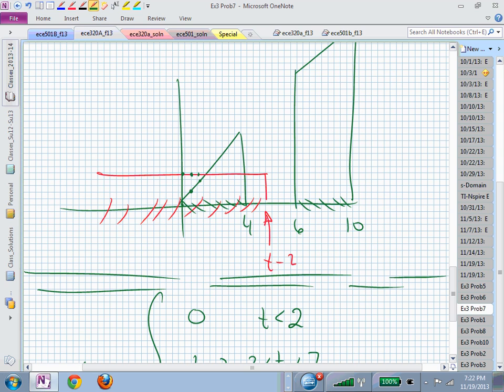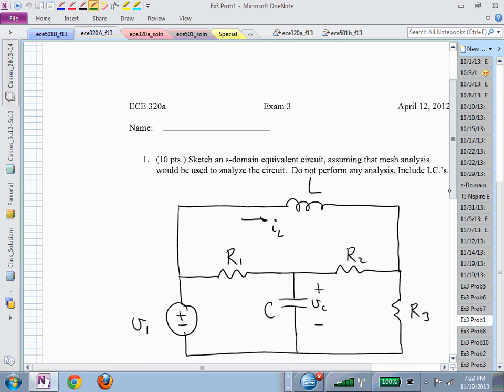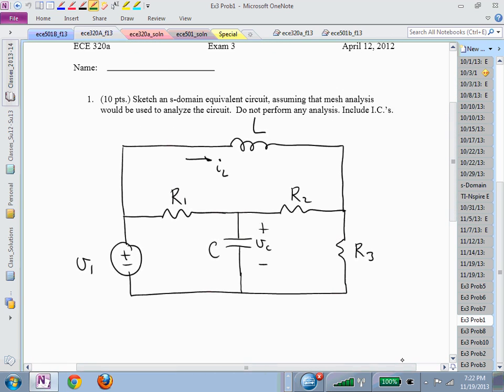But you need to know more than just convolution. I had other problems here. Sketch the S-domain equivalent circuit. You're okay with that, aren't you?